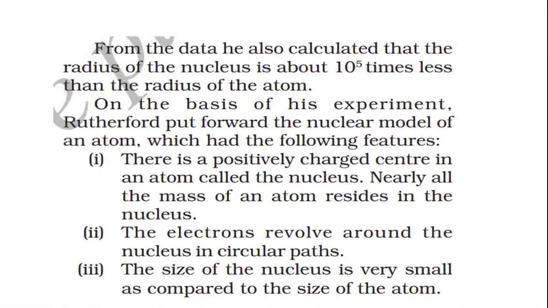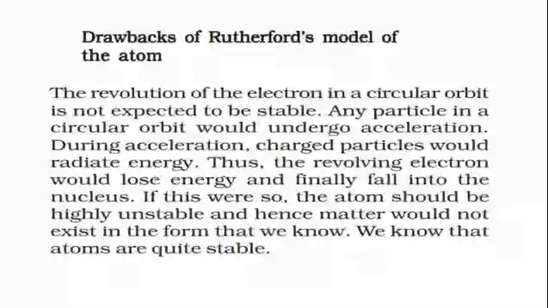And he said that the electrons revolve around the nucleus in circular paths. And he said that the size of the nucleus is very small as compared to the size of the atom. So in the nucleus, we have all the charge and all the mass. And the size is very small when compared to the size of the atom.